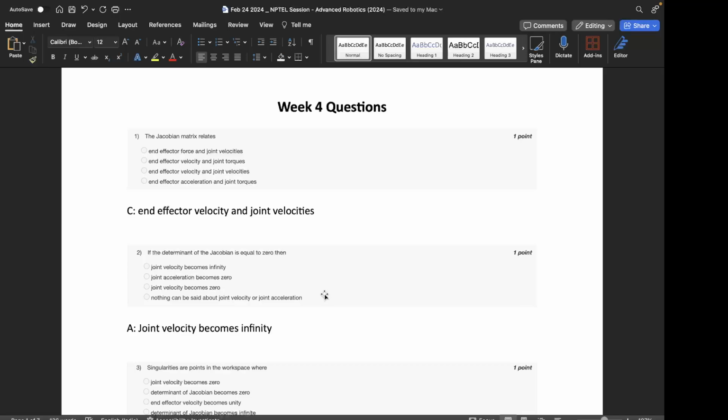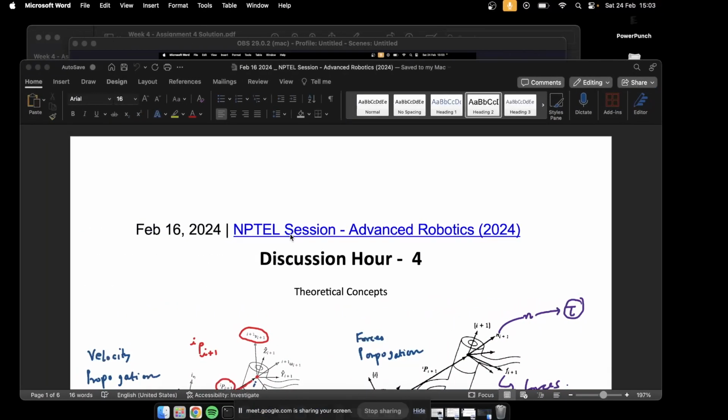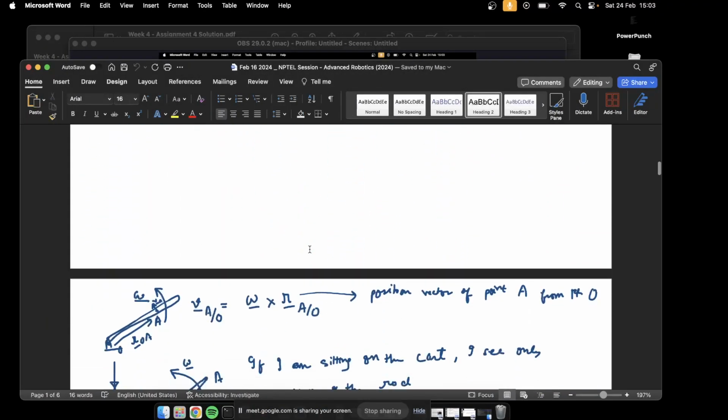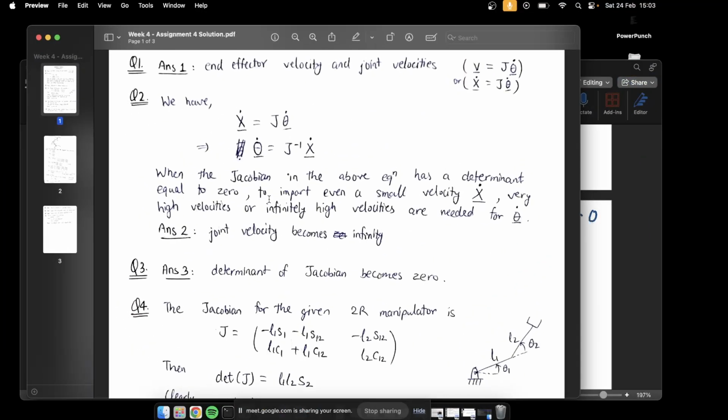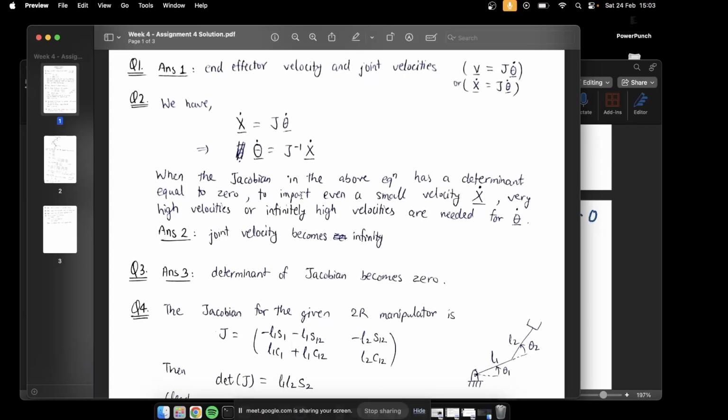The end effector velocity is in the task space or the Cartesian space, and the joint velocities are in the joint space, also called the configuration space. So x dot is equal to J theta dot is the usual relation which we have. I will refer to some of the written notes which I have. So this is the relation: x dot is equal to J theta dot.